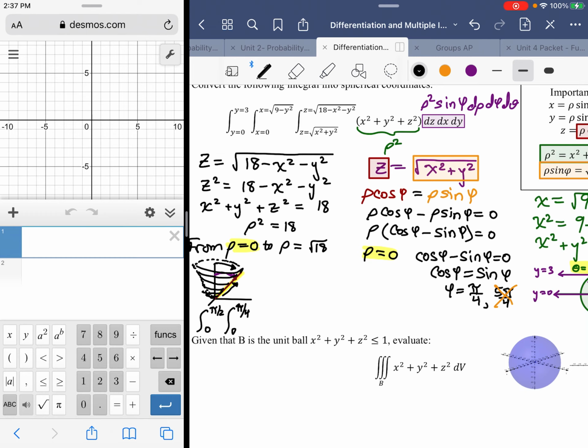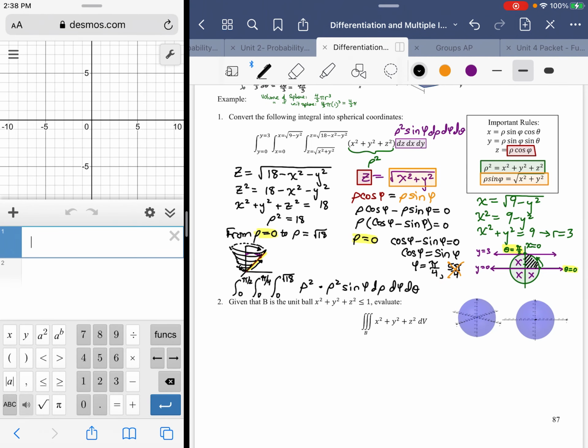Then we're going from 0 to root 18 (not pi over 18, I just like saying pi over stuff, that apparently is the key there) of rho squared times rho squared sine phi d rho d phi d theta.